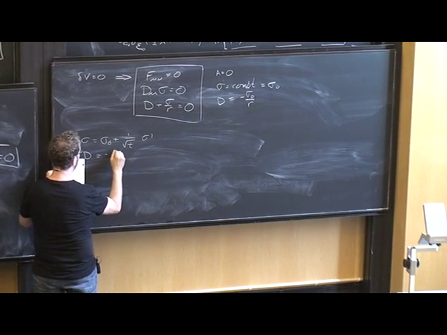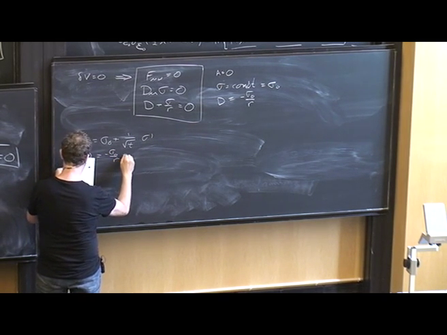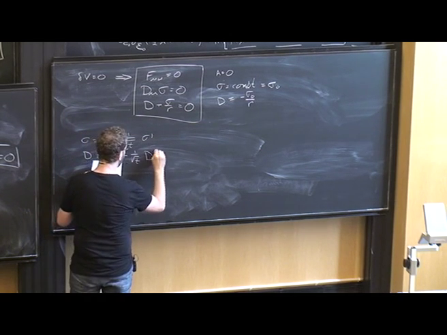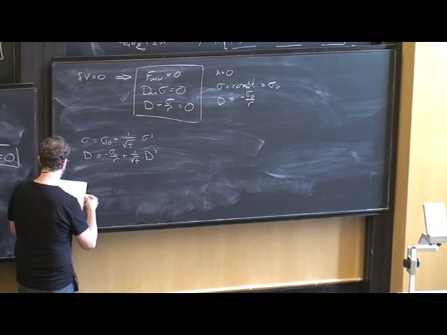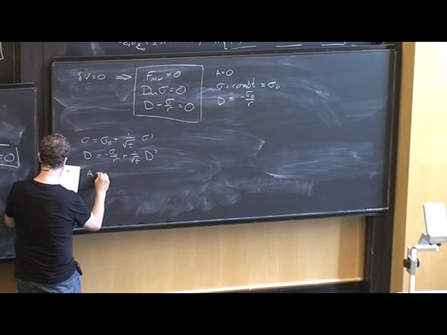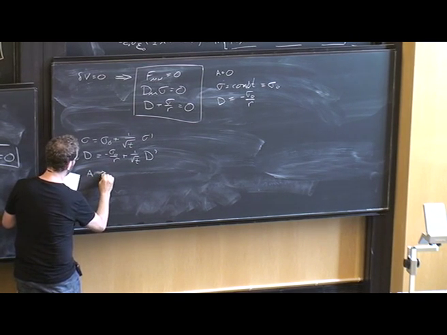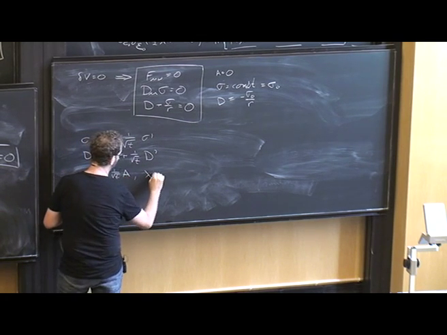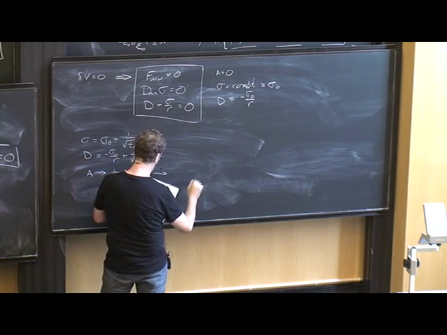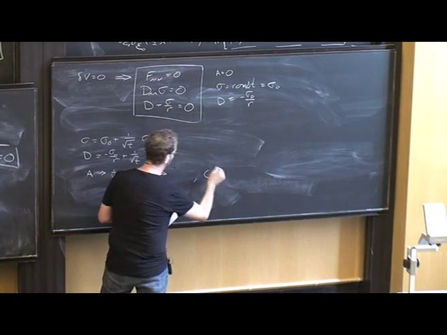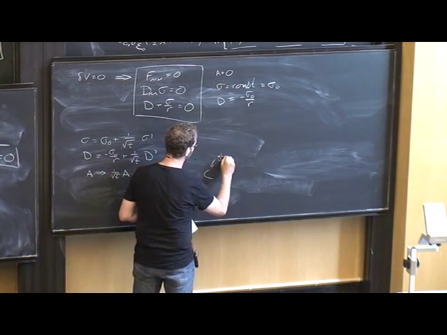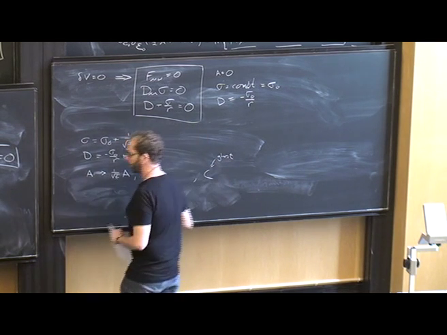D is equal to minus sigma naught over r plus 1 over square root of t D prime. A will be replaced with 1 over square root of t A, and the same with lambda, and the same with the ghost c.